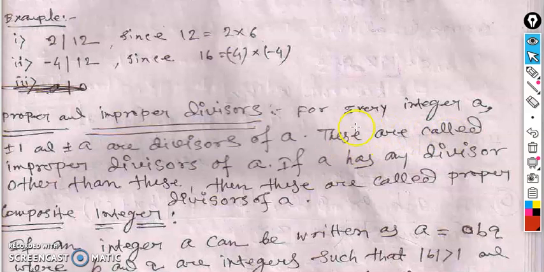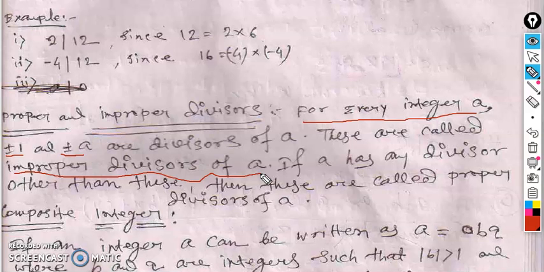So here we give a definition for proper and improper divisors. For every integer a, plus minus 1 and plus minus a are divisors of a, and these are called the improper divisors. For example, when we divide 6 by 2, it is known as a proper divisor.